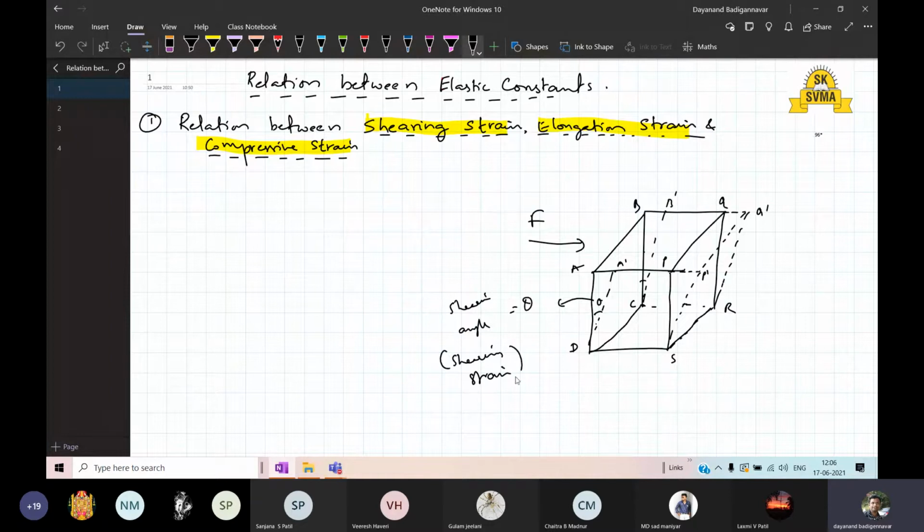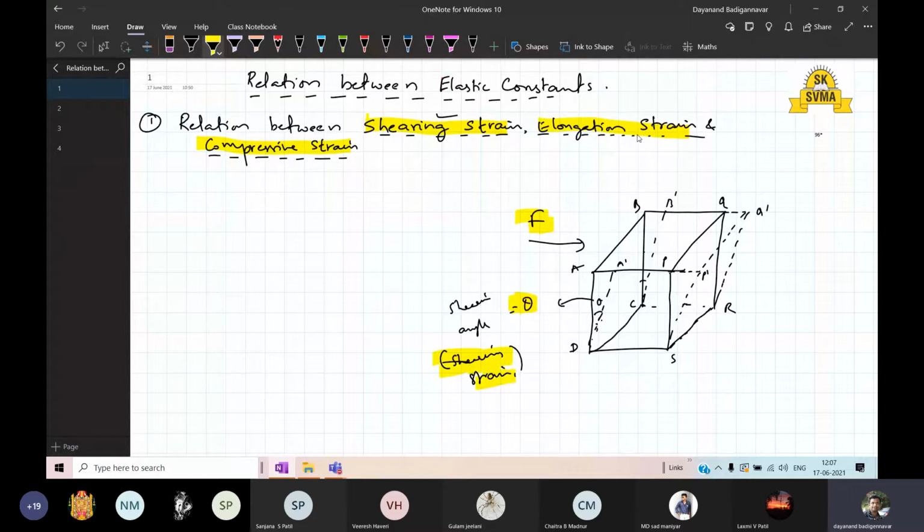By applying a force F, this theta is the shearing effect that has taken place. Shearing angle means the shearing strain. So the first one is the shearing strain.